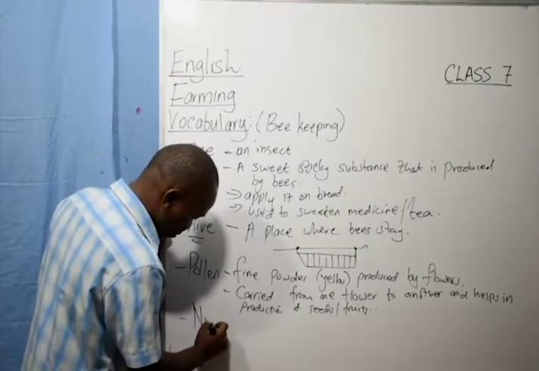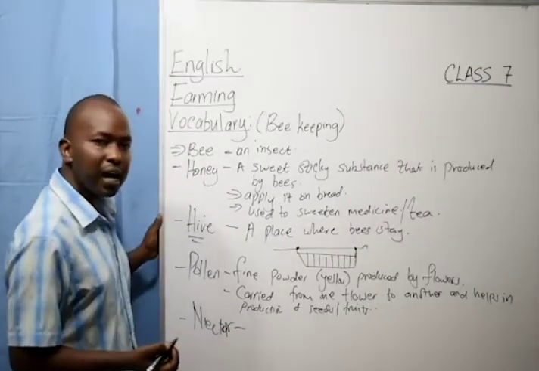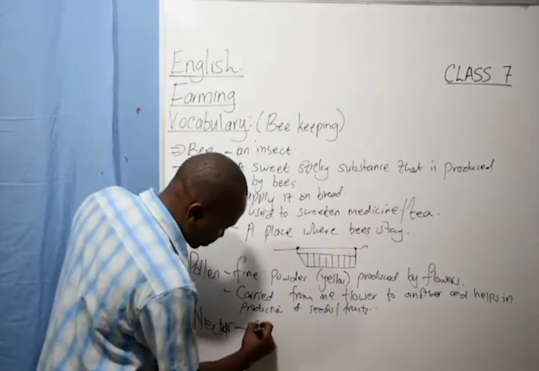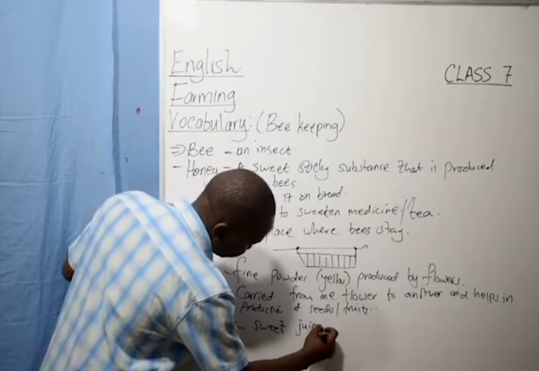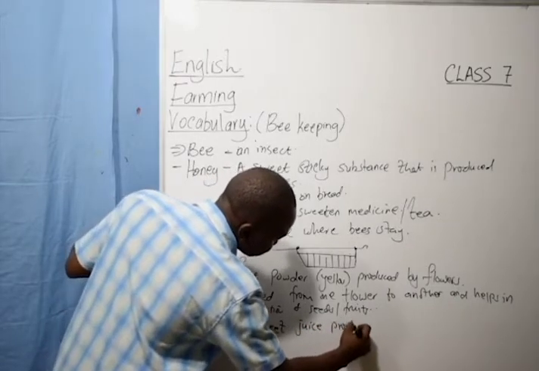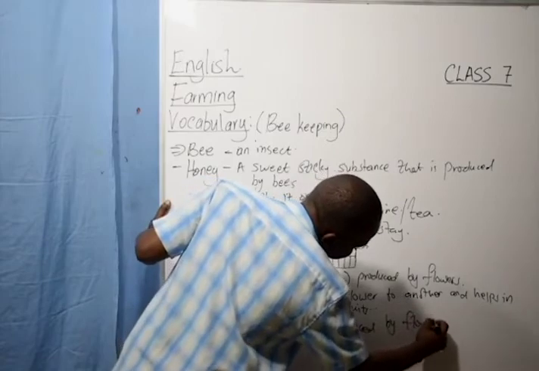We have what you refer to as nectar. So what is nectar? Nectar is a sweet juice produced by flowers.